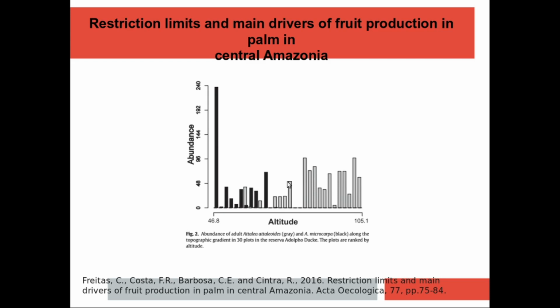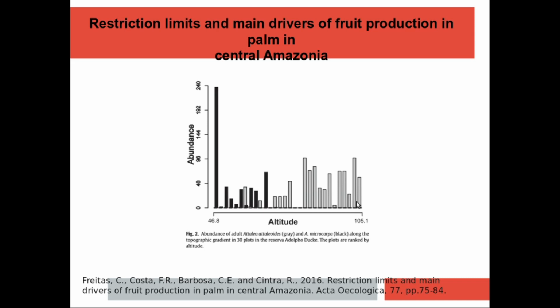So those two species were restricted to the extremes of the altitudinal gradient. I was interested in this particular study and the environmental factors that limit the distribution of those two and 7 more palms, a total of 9 species of palms.